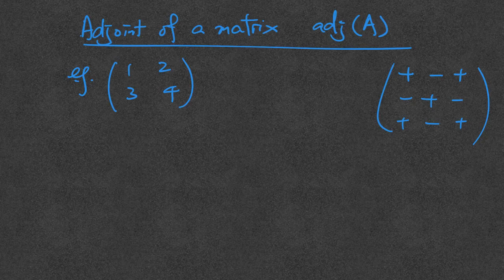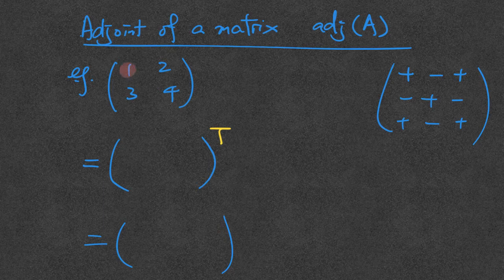Now, in order to find the adjoint, it will be a very big task because, first of all, it involves the transpose. So there are 2 steps in order to get it. The second step is very critical and difficult because finding the adjoint of a matrix is like what we do in cofactors. What does that mean?